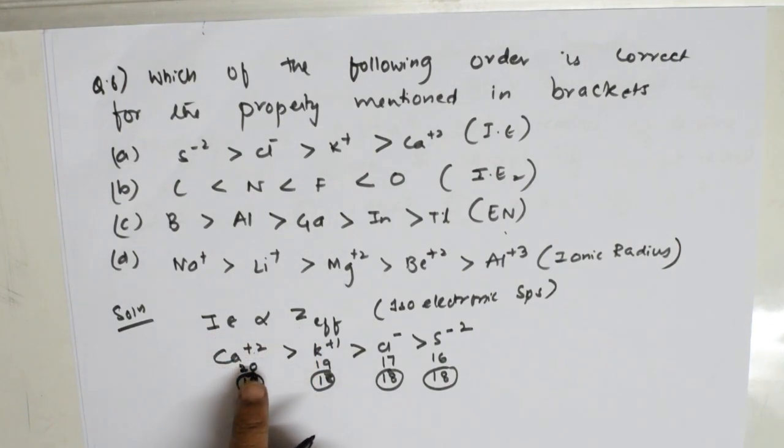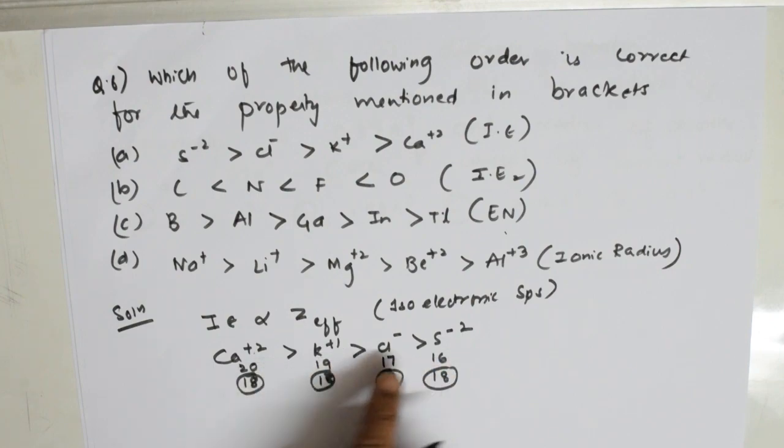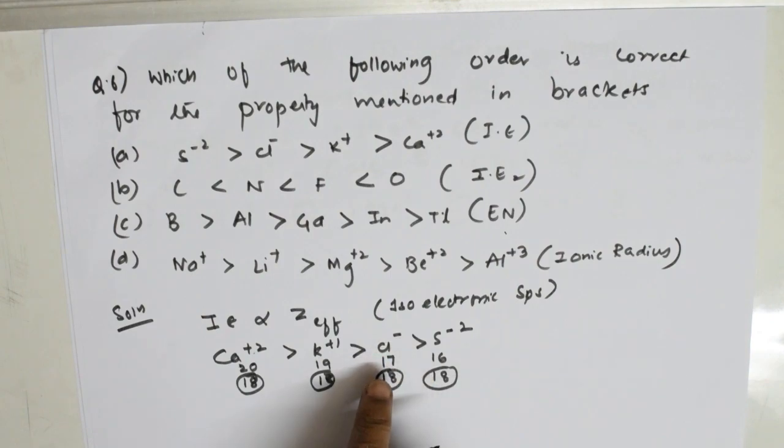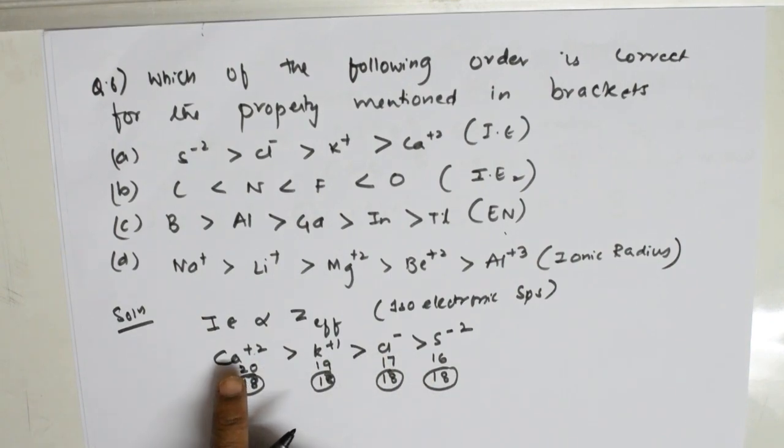Now I said the ionization energy is directly proportional to Z effective. When I go from left to right in the periodic table, right, which comes first? First comes sulfur. Then comes chlorine. Then comes potassium, then comes calcium. Correct? No? So which will have the more Z effective from left to right, whichever is the last one will have the more ionization energy.